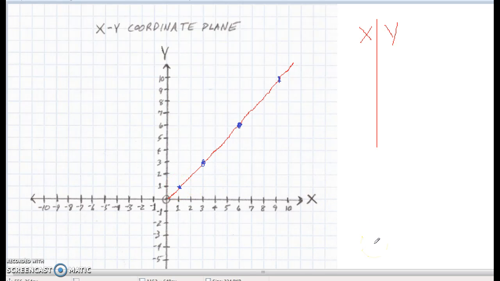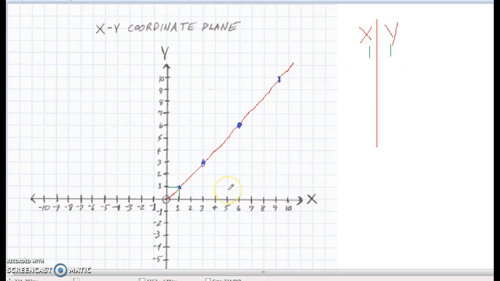Okay, now I'm going to see what just happened. I'm going to change colors again. So for this dot, I had to go out 1 on the x, and I had to go up 1 on the y. So this dot is at the 1, 1, because when x is 1, y is also 1.